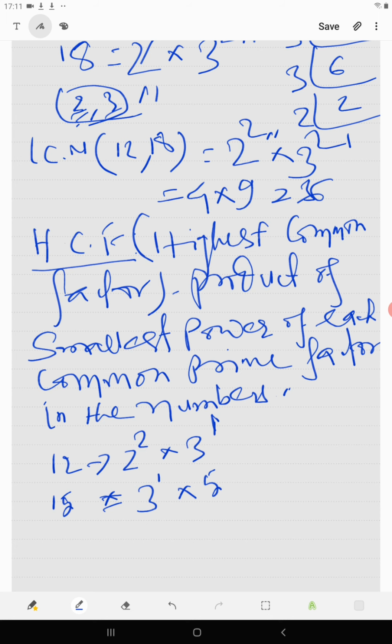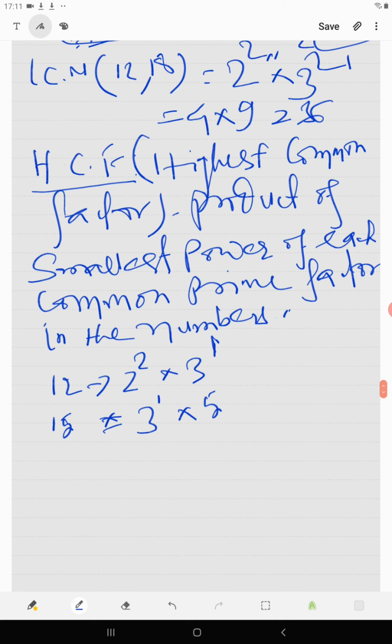Now can you tell me what are the common primes over here? This 3. For 2 and 5 there is nothing common. So in 12 there are 2 and 3, and in 15 there are 3 and 5. Correct? So the common thing is only 3.